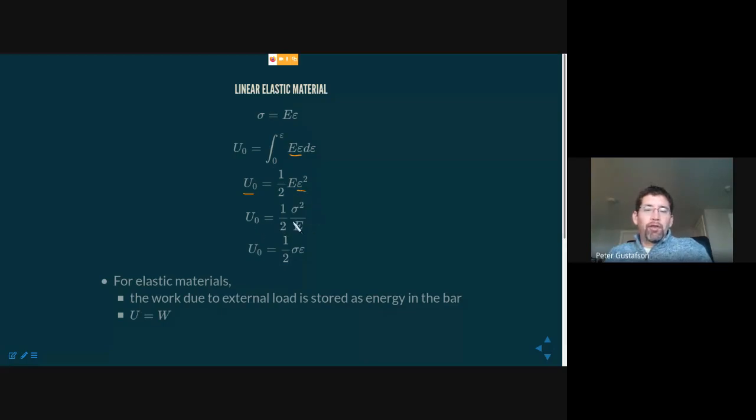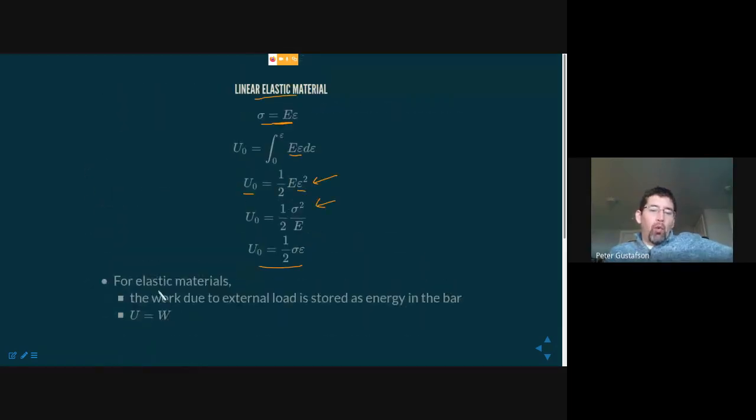Note, you could also do a substitution and say that this is functionally equal to 1/2 stress squared over the modulus. That's where we solve for strain and substitute into this equation. Another way it could be expressed is just 1/2 strain times stress. Those are all functionally equivalent terms for a linear elastic material.